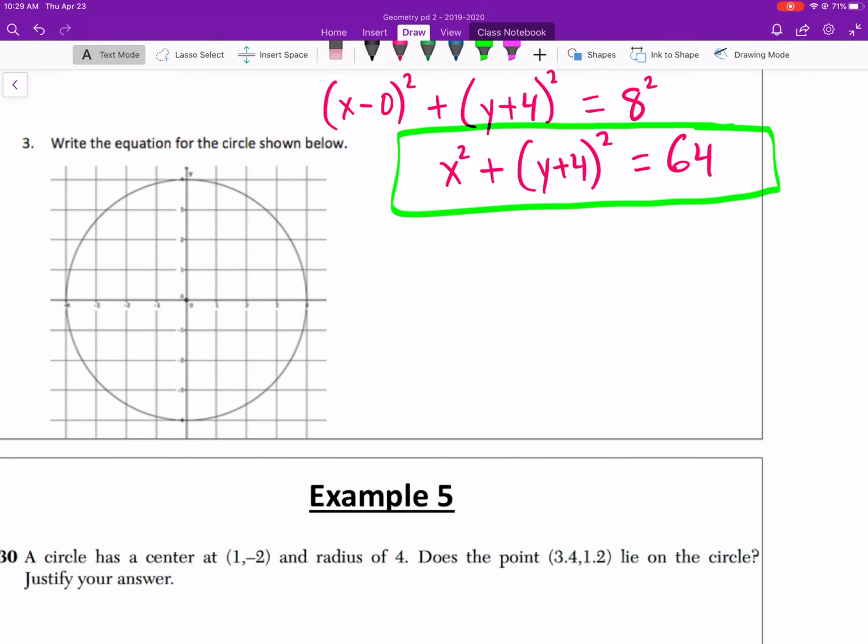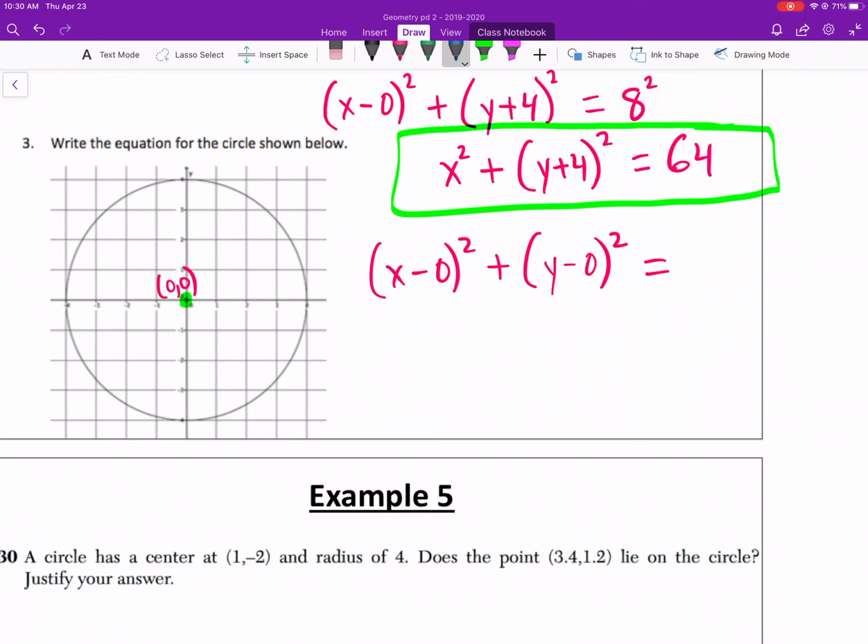Write the equation for the circle shown below. You can see that the point here, that's the center, which is just 0, 0. So this would be x minus 0 squared plus y minus 0 squared is equal to the radius squared.